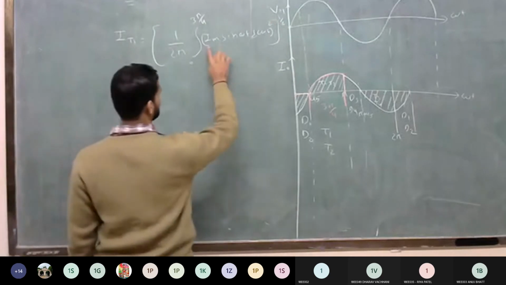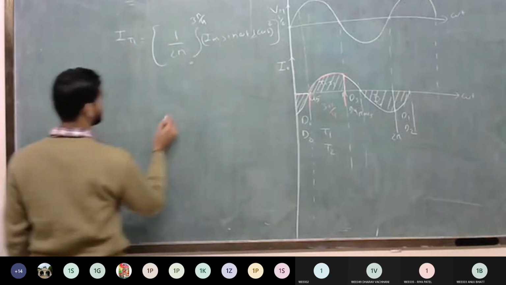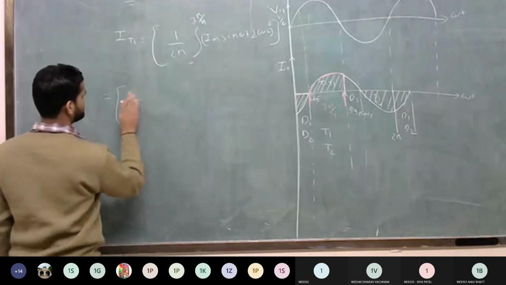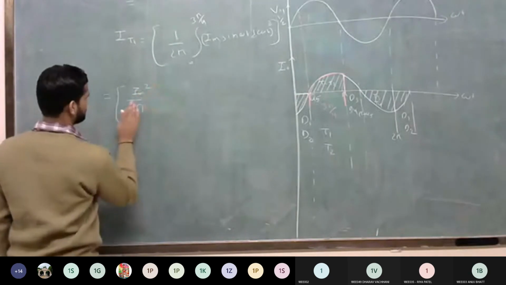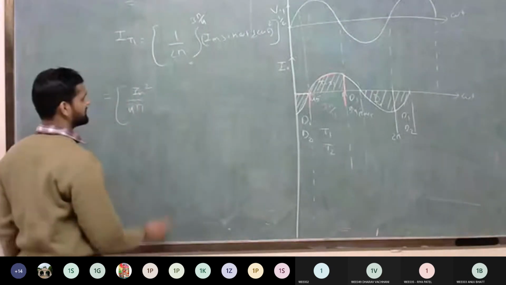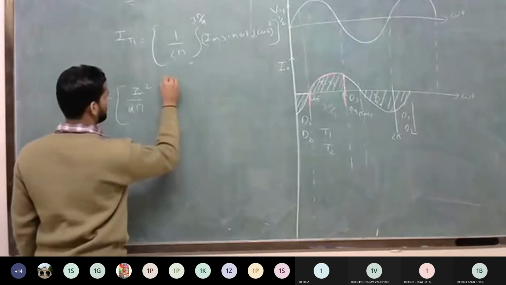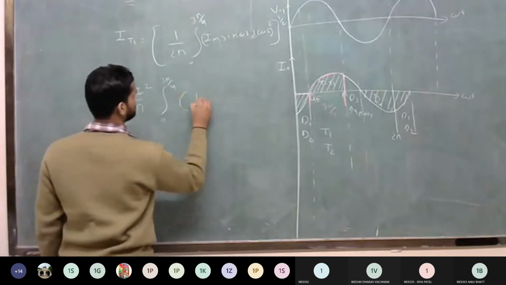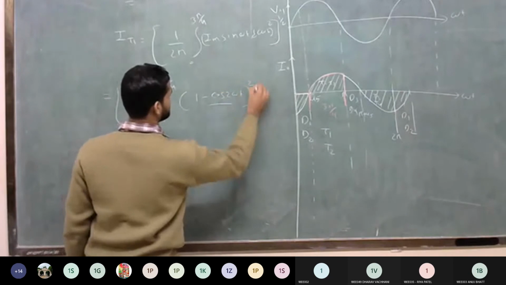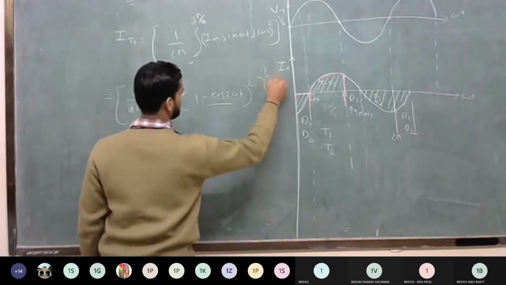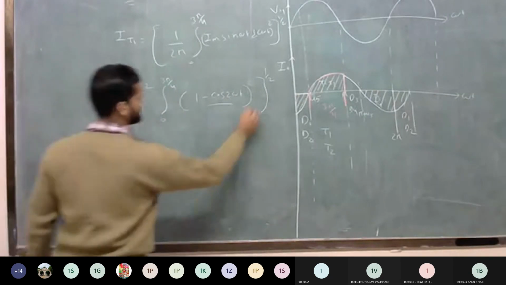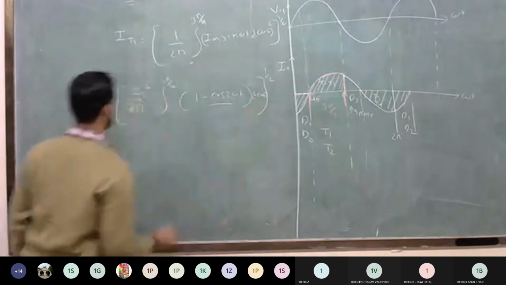Same again, convert this sin square omega t to 1 minus cos 2 omega t divided by 2. So 1 upon 2 pi Im square becomes 4 pi, because it converts to 1 minus cos 2 omega t divided by 2. Integration 0 to 3 pi by 4 of 1 minus cos 2 omega t, d omega t, raised to 1 by 2.